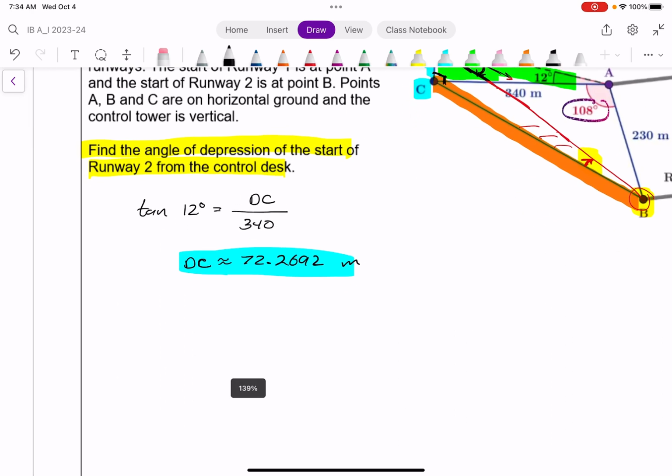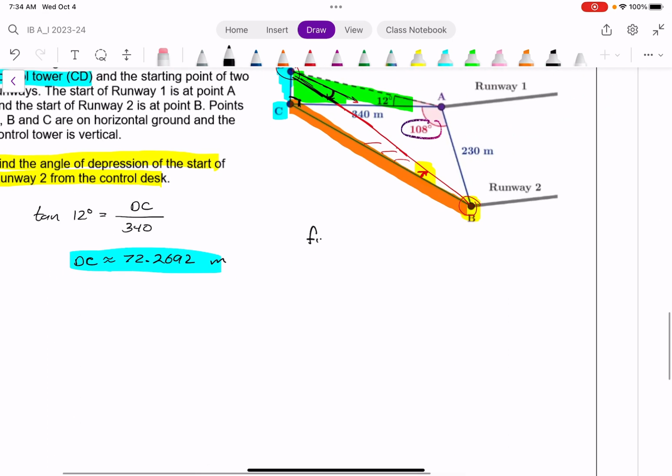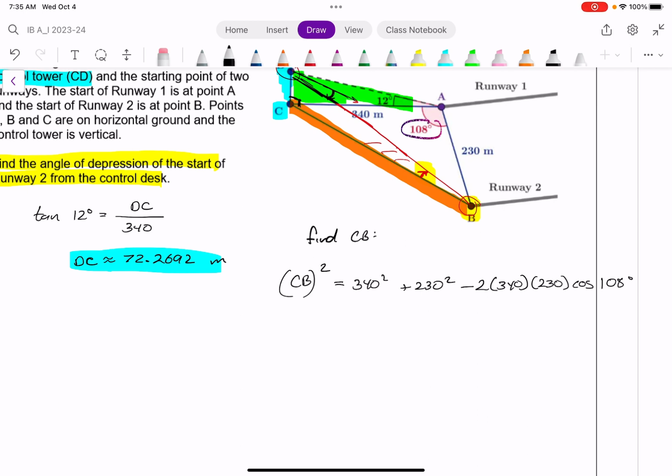So to find CB, I can say that CB squared will equal 340 squared plus 230 squared minus 2 times 340 times 230 times the cosine of 108 degrees.